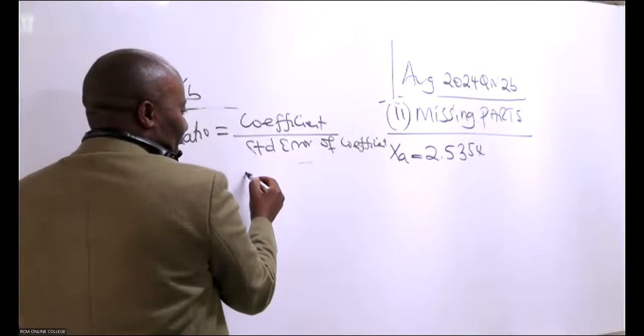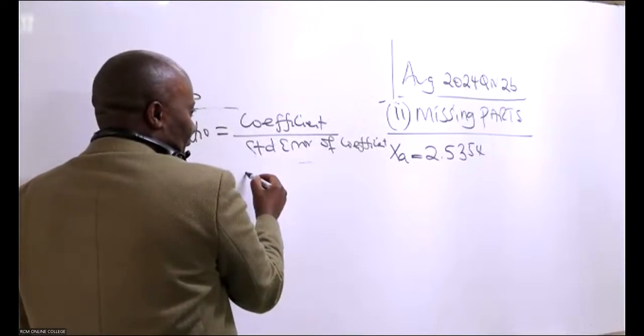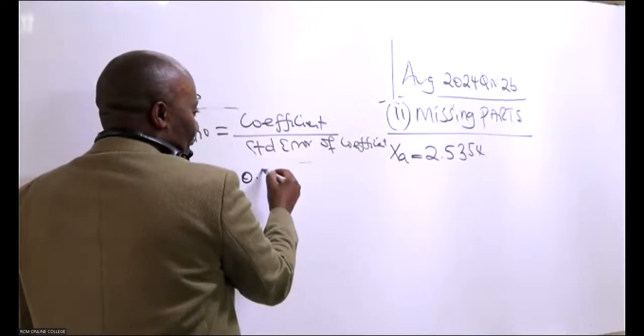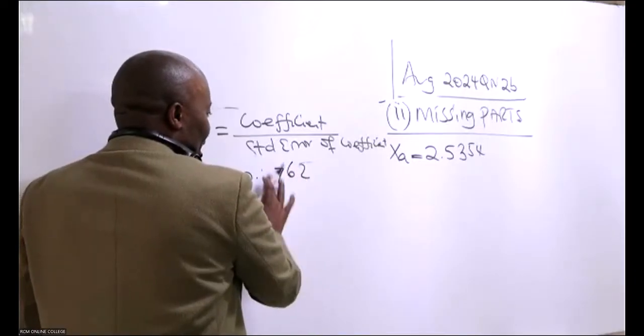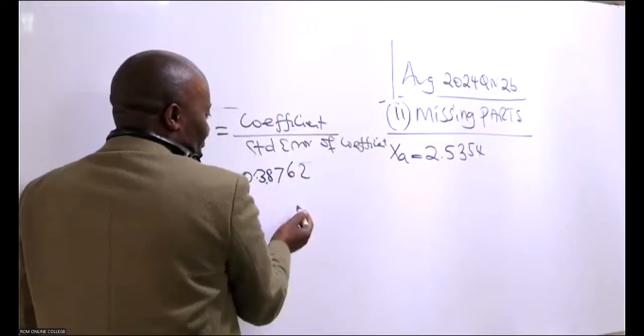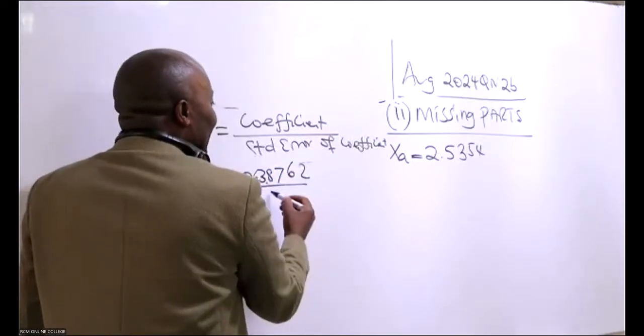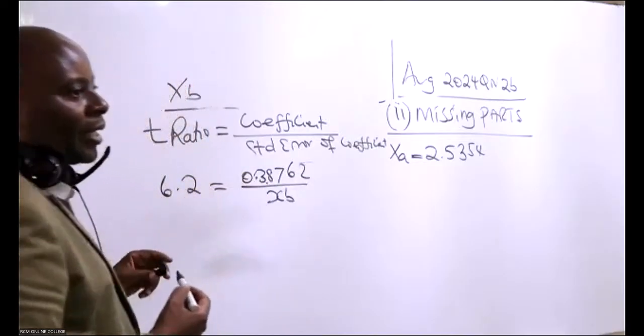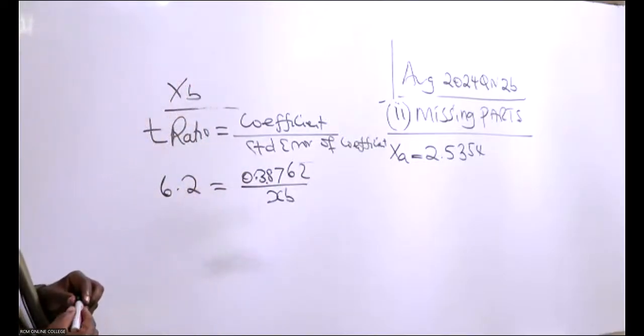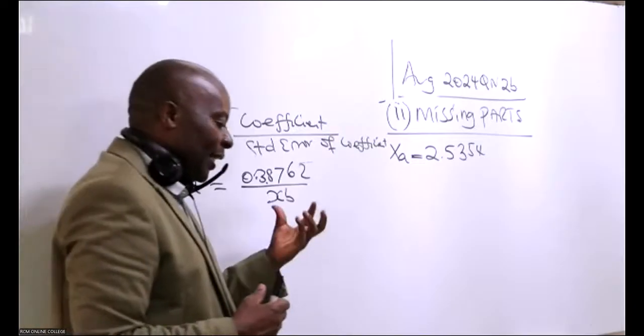Do we know the coefficient? The coefficient is 0.38762, isn't it? All over the standard error that we do not know, which is called what, somebody? XB. So then can you kindly go ahead and make XB the subject?